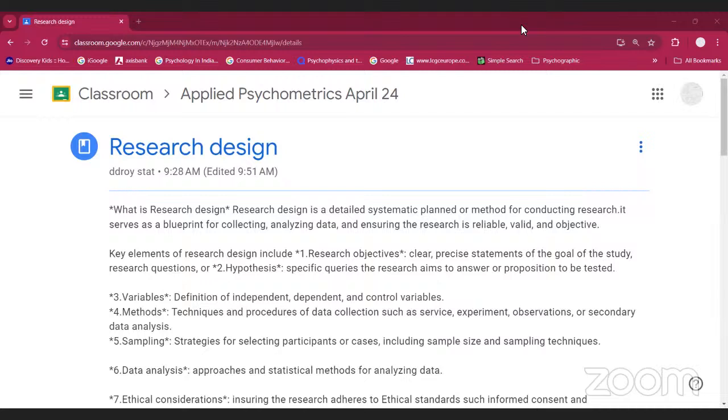What are the characteristics of research design? First, it should be systematic. What is the meaning of systematic? That means there are specific stages and we have to follow all the stages systematically, one by one.